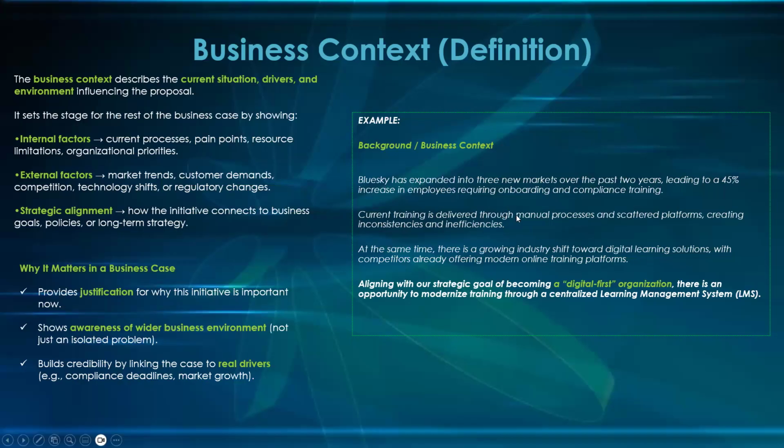Remember here, talk about manual processes. At the top, it talks about the need for training, compliance training. So now on the next line, their current training is a manual process and they don't have a particular platform. Everything is just scattered.